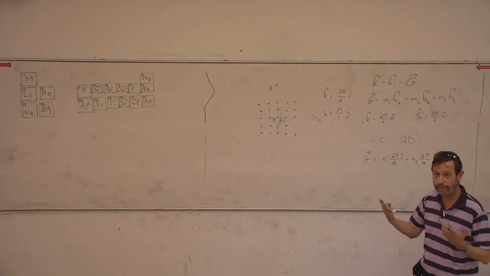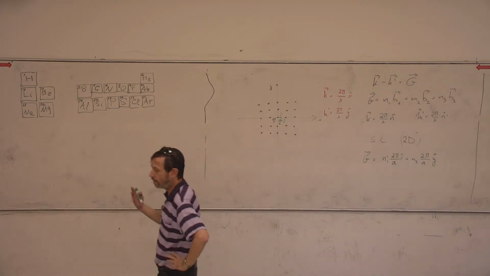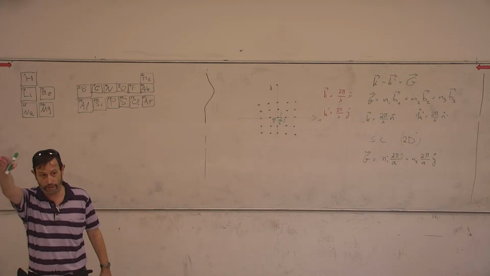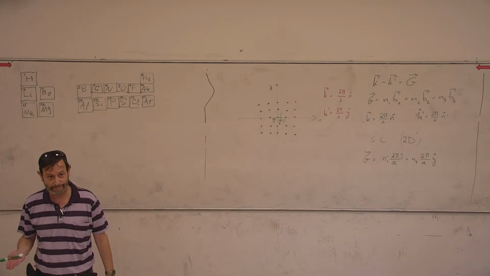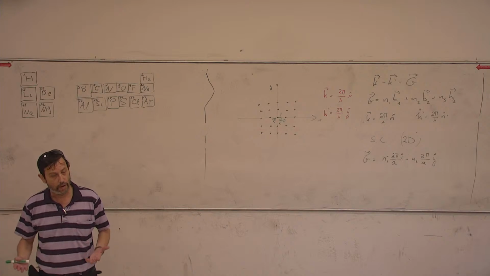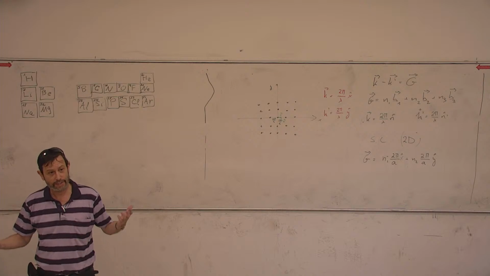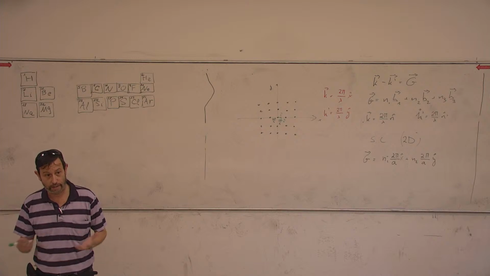In order to see peaks, in order to get some kind of constructive interference in a direction different than the incoming one, the only way is to have a wavelength, or now I can emphasize it even stronger, smaller than the distance of the lattice a.